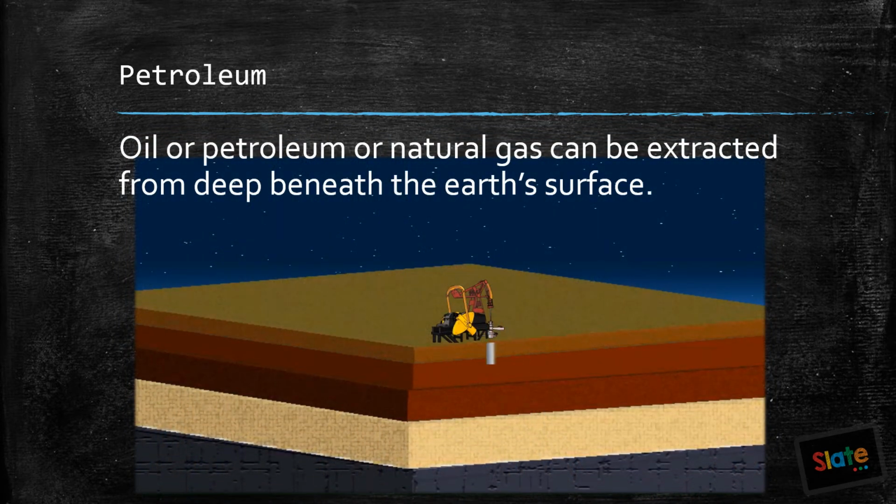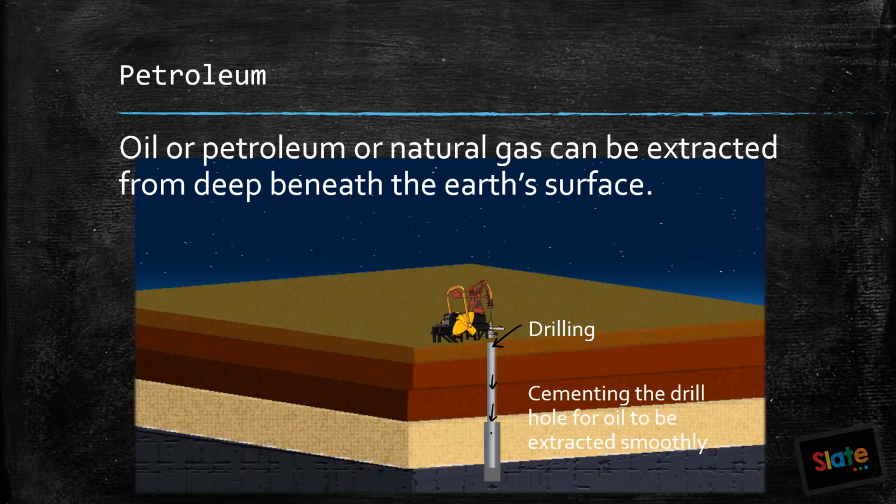Drilling happens for days, until there is some sign of oil or natural gas. Then, periodically the hole is filled with cement, to create a strong and safe pathway for oil or gas to move upwards.